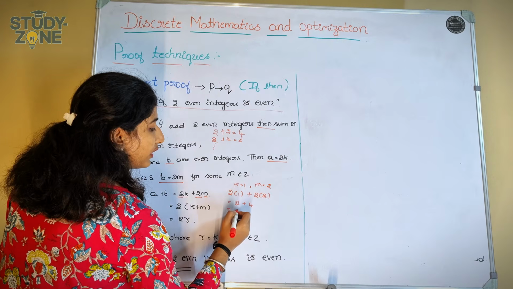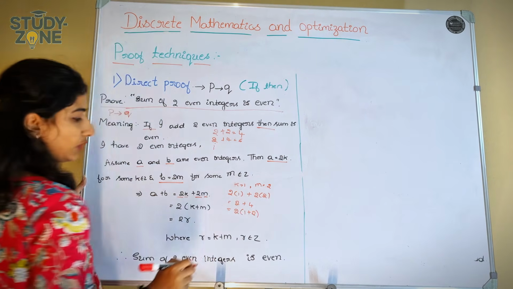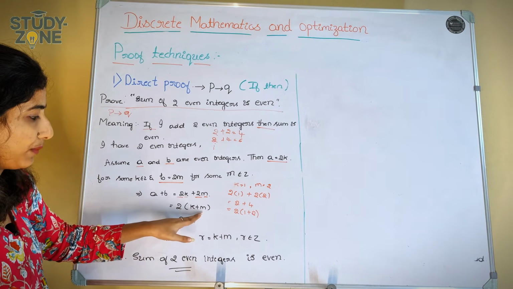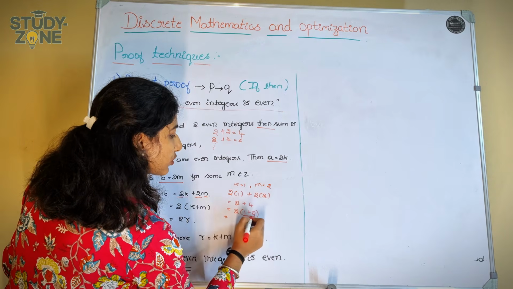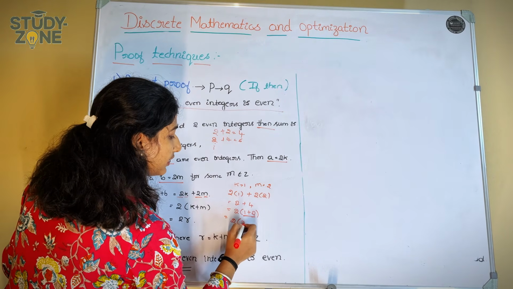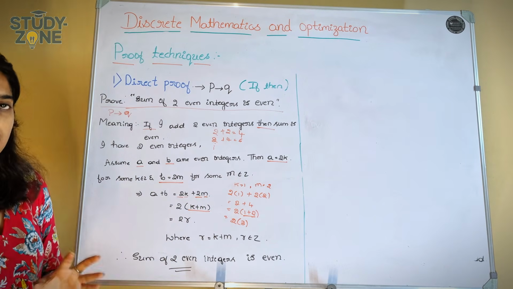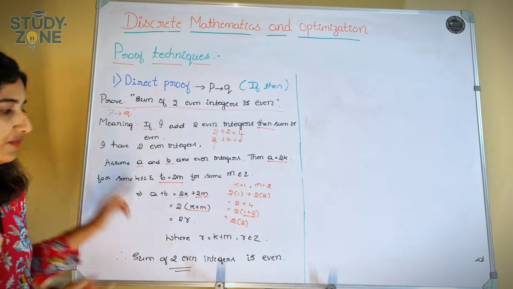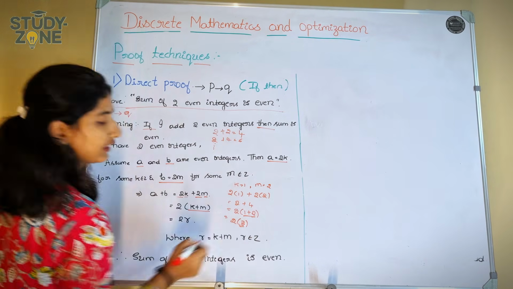Taking 2 common outside, it will be 2 into 1 plus 2. Same thing, 2 into k plus m. Now I am adding these two, 2 into 3, or taking these two terms as r, it will be 2r, which means here r is 3.